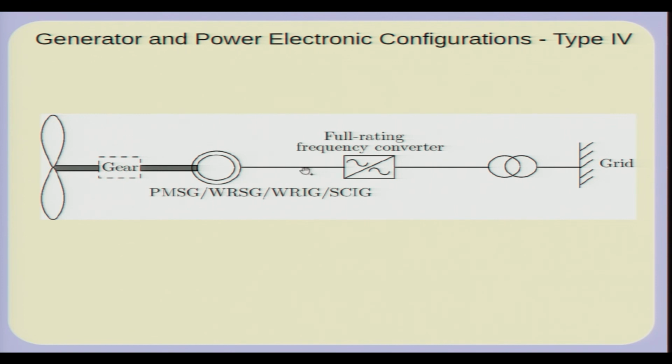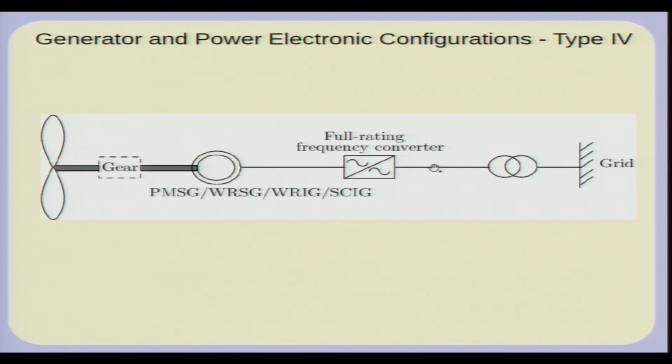Because you can have it at 10 hertz, you can have a machine which is rotating at a lower speed, and because it is rotating at a lower speed, you could think of not having a gear and directly connecting this to the turbine. So, you could have a very low speed generator because you can now have this frequency converter connected in the path of the stator, and this of course is a completely decoupling in some sense.